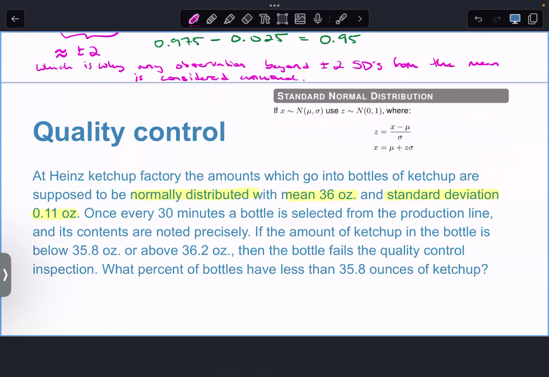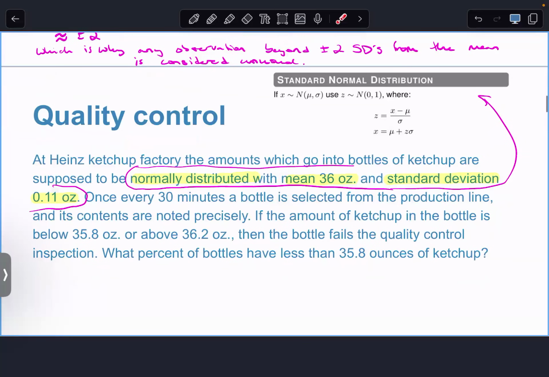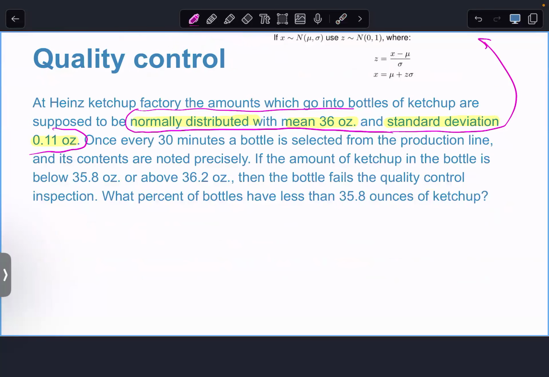Right, so these things tell me that I'm here on my formula sheet. X then is the weight of a bottle of ketchup.